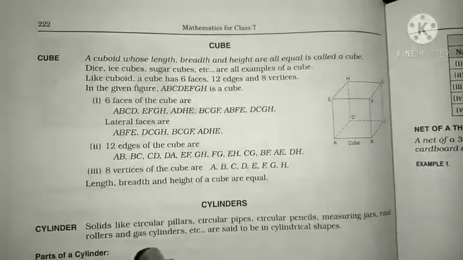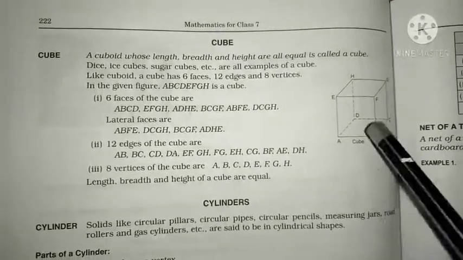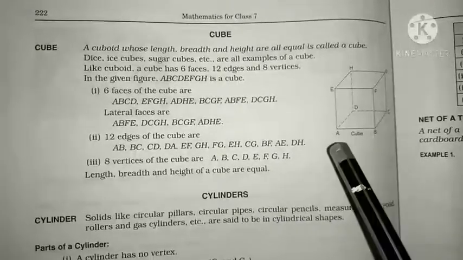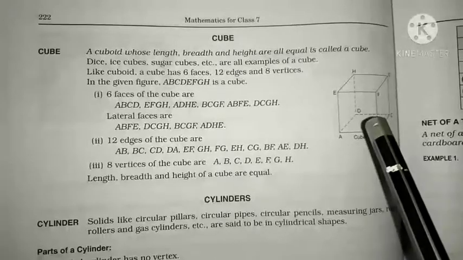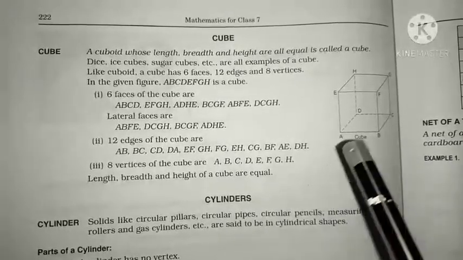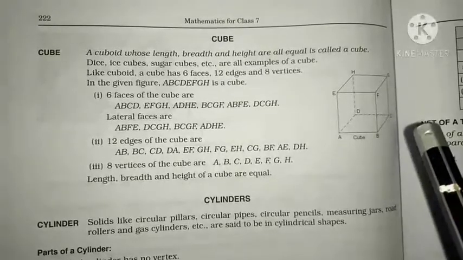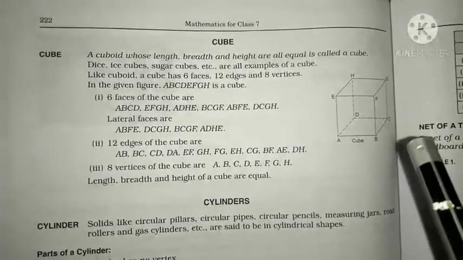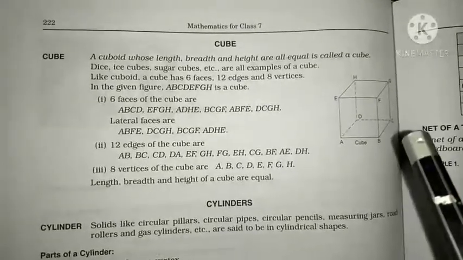The 12 edges are AB, BC, CD, DA, EF, GH, FE, EH, CG, BF, AE, DH. Right. In the same way, there are 8 vertices. Those vertices are A, B, C, D, E, F, G, H.